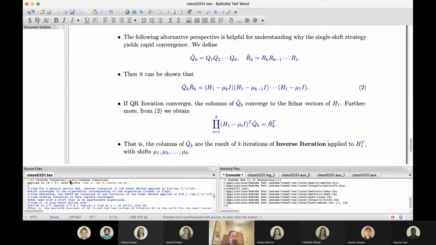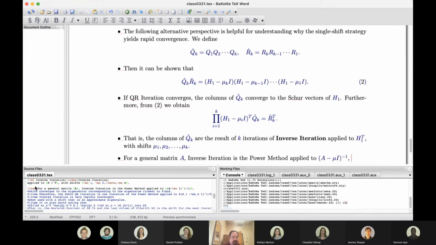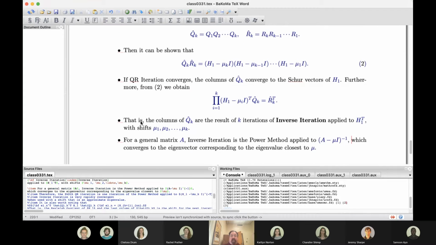Now, what is inverse iteration? I've not talked about that before. Inverse iteration is a power method, but applied to this matrix, (A minus mu I) inverse, for whatever general matrix A. So with a power method, you keep multiplying by A, and that gives you the largest eigenvalue. With inverse iteration, instead of multiplying by A, you're multiplying by (A minus mu I) inverse.